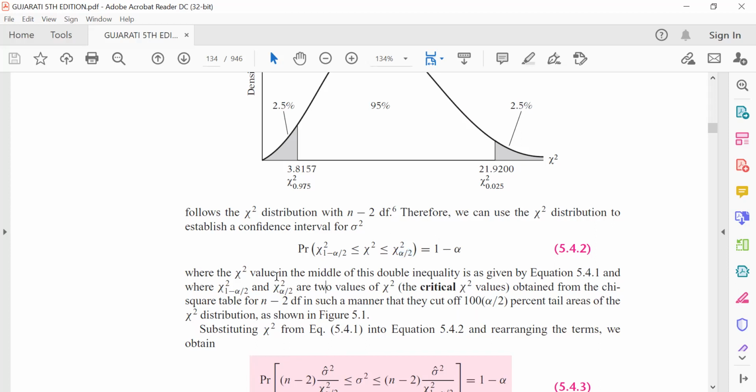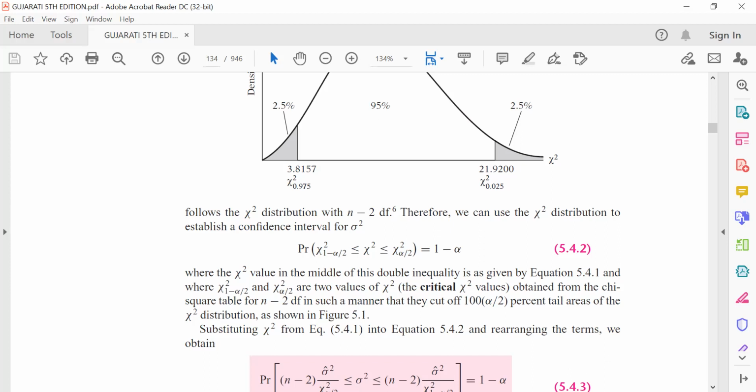Okay, the chi-square value in the middle of this double inequality is given by equation 5.41, where chi-square with 1 minus alpha over 2 and chi-square alpha over 2 are two critical values obtained from the chi-square table for n-2 degrees of freedom.